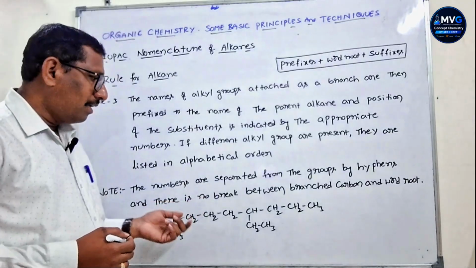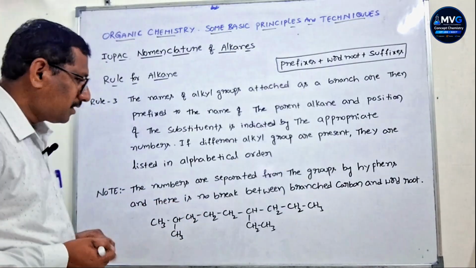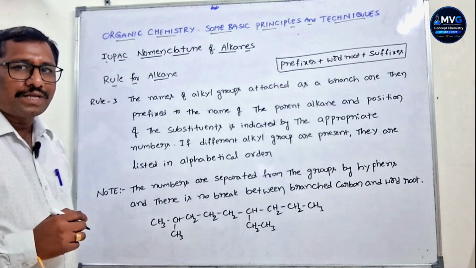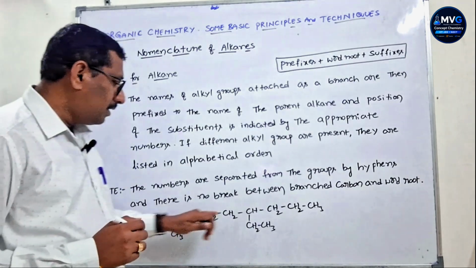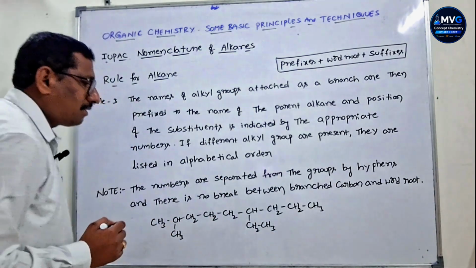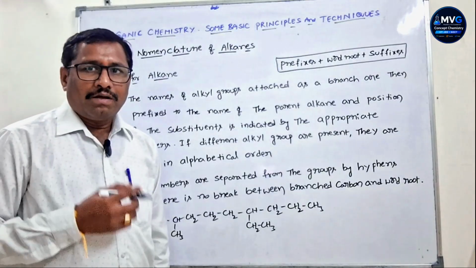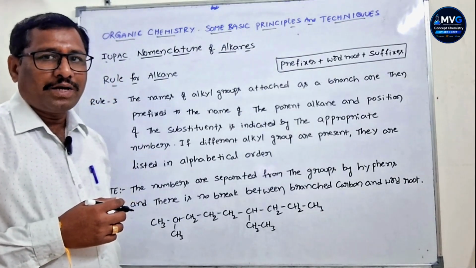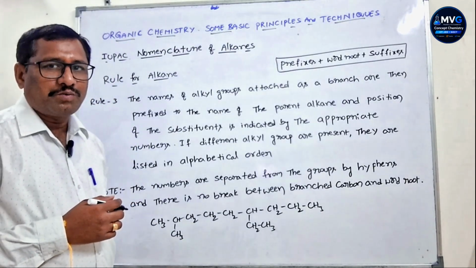Now we will write the name for this compound, students. First rule, according to rule number 1, we should select the longest carbon chain. So this is the longest carbon chain, students. Now we are giving the numbering. Second rule, according to LPN, lowest possible number, the substituent should get the lowest possible number.